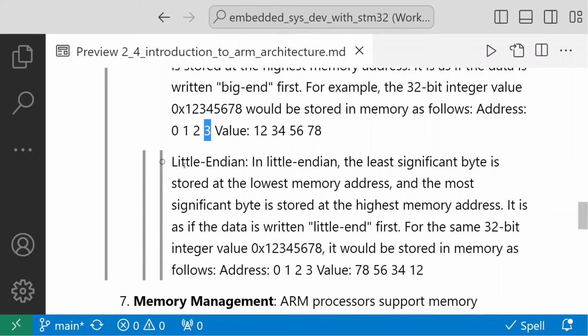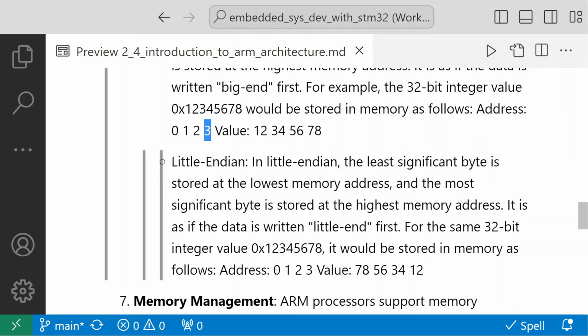The second is little endian. In little endian, the least significant byte is stored at the lowest memory address, and the most significant byte is stored at the highest memory address. It is as if the data is written little end first. The same 32-bit integer value 0x12345678 would be stored in memory as follows.